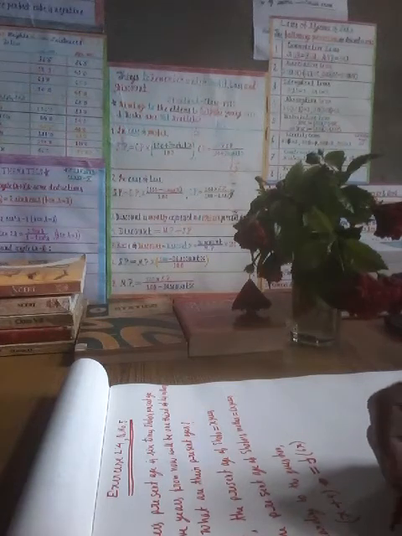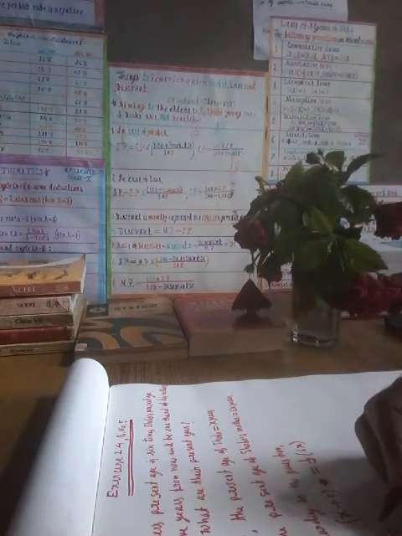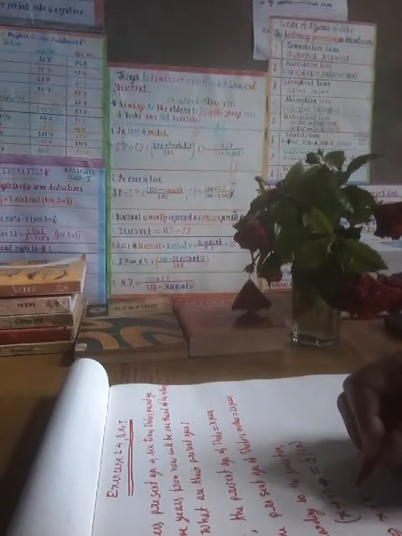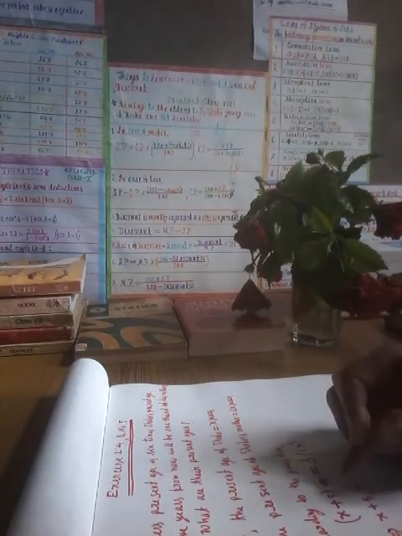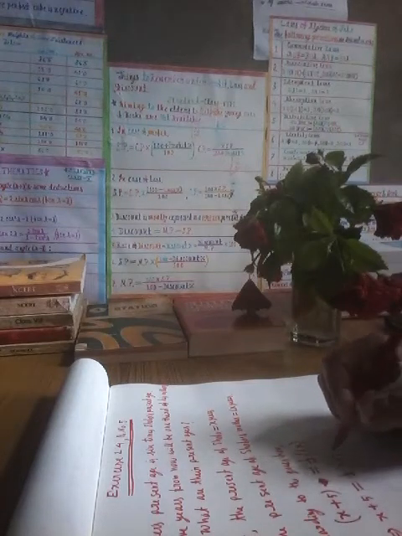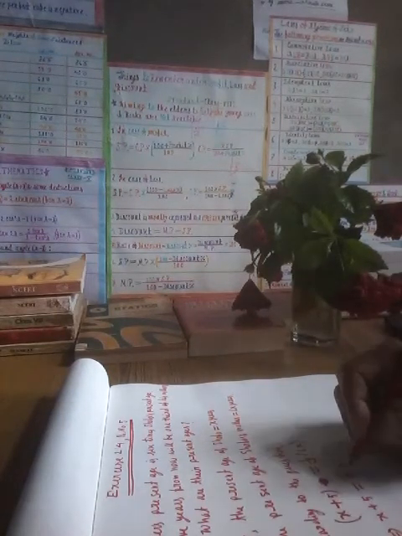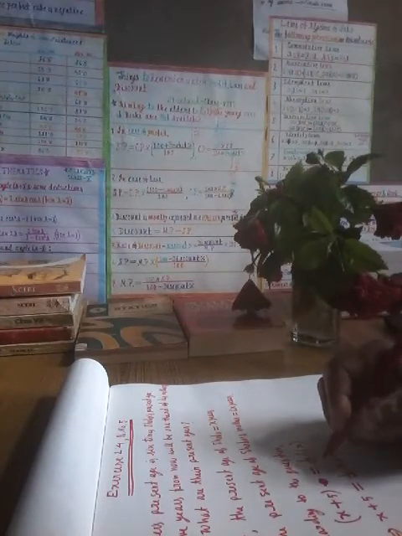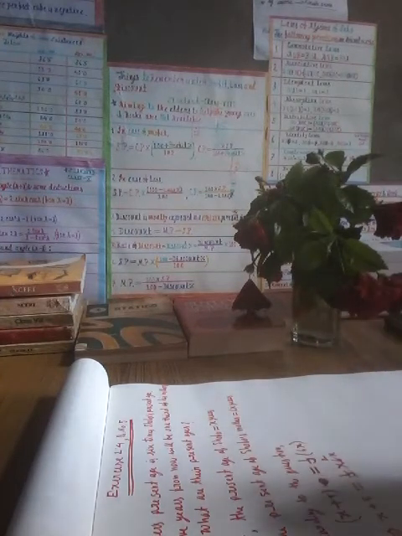So this implies x plus 5 is equal to 1 by 3 into 6x. Now do the multiplication: 3 into 6.